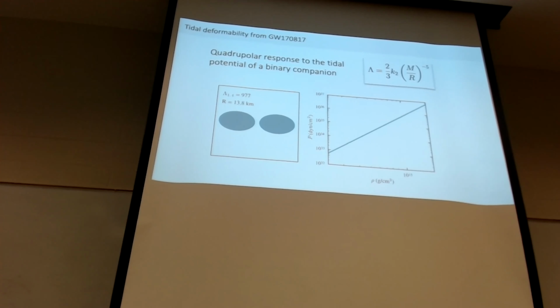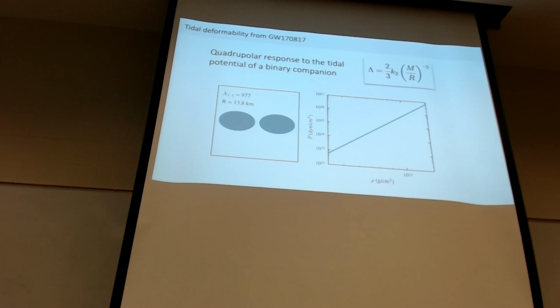From GW170817, the LIGO-Virgo collaboration released full posteriors on lambda tilde, which are shown here as the blue solid curves. And the first thing to notice is that lambda tilde, which can range anywhere theoretically from 0, which is the limit for a black hole that you expect not to be perturbed by a companion's gravity, all the way up to values of a few thousand, which aren't even shown here, for a very extended mass distribution, that this single event is already telling us that the tidal deformability for the star is relatively small, peaks at values of around 200, perhaps telling us that these stars are relatively compact.